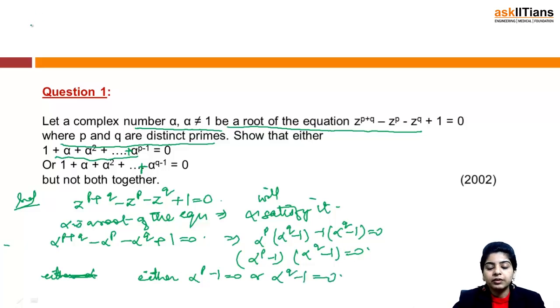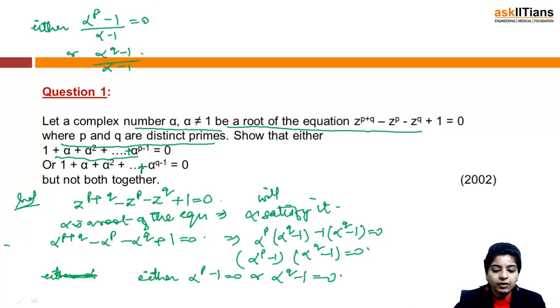Since alpha is not equal to 1, I can write either alpha to the power p minus 1 by alpha minus 1 is 0, or alpha to the power q minus 1 by alpha minus 1 is equal to 0. We can divide by alpha minus 1 only because it is given that alpha is not equal to 1.